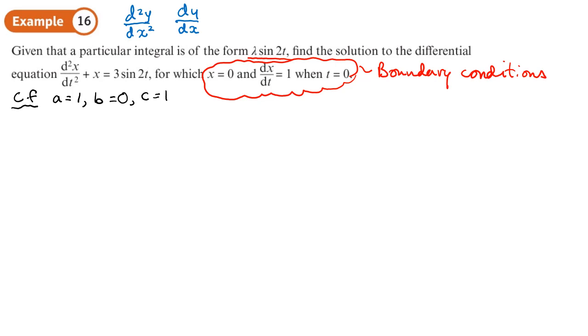That's why I sort of paused a bit, because this is just using different letters. So d squared x over dt squared, so it's like this really, dx dt plus cx equals a function of t.